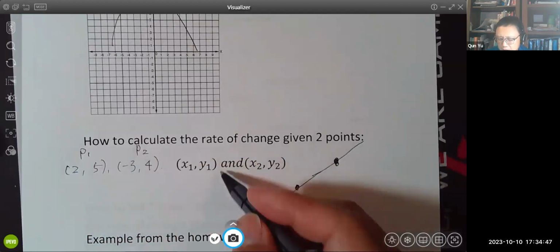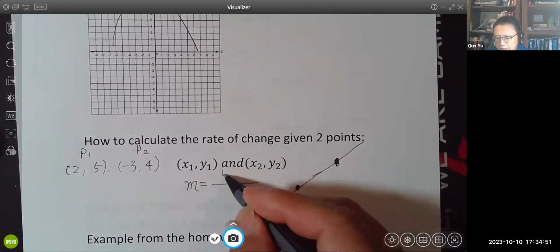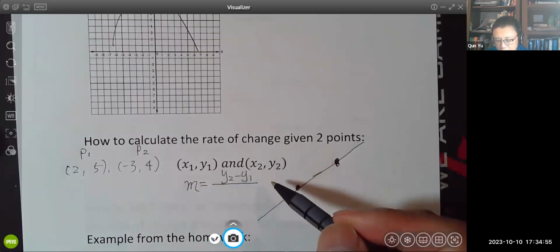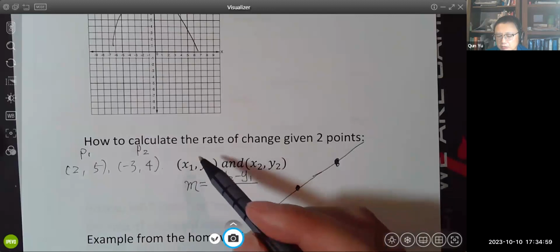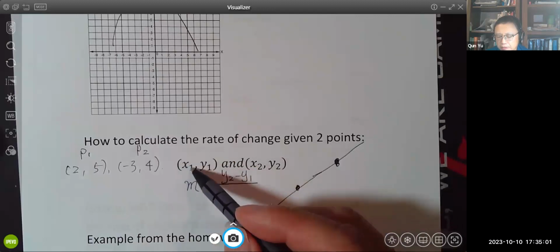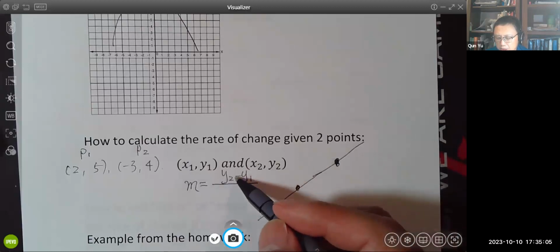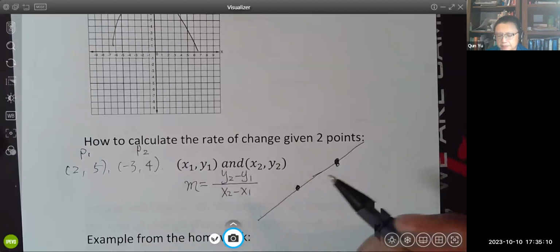Now the formula to calculate slope, which is called M, is given by y2 minus y1, output minus output. In any point, the way we write the coordinates is that input is always the first number, output is always the second number. So output minus output divided by input minus input.